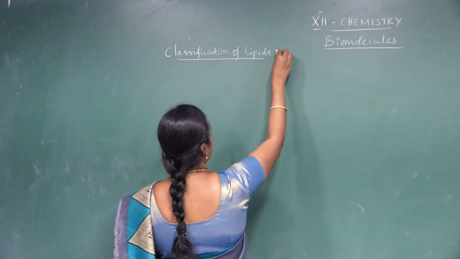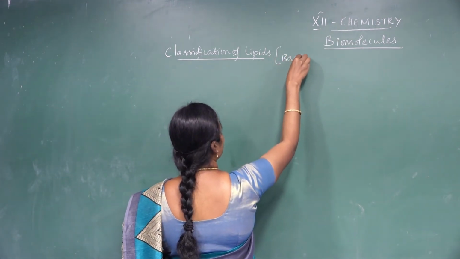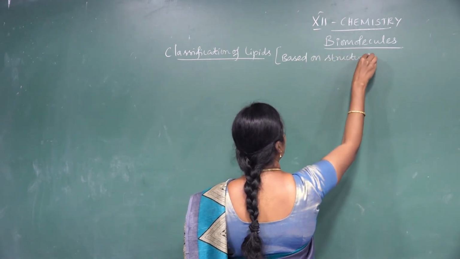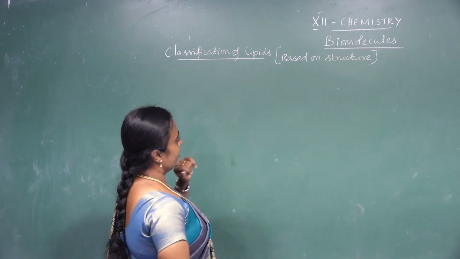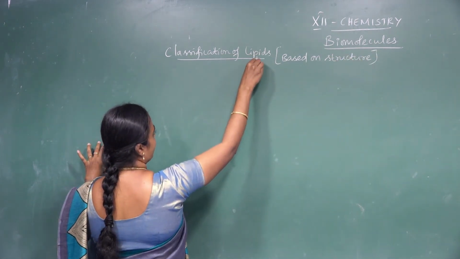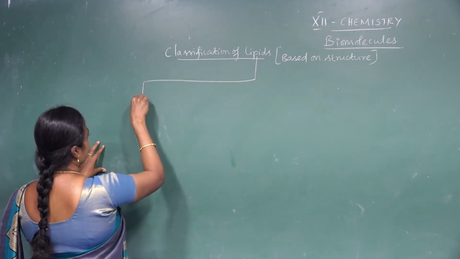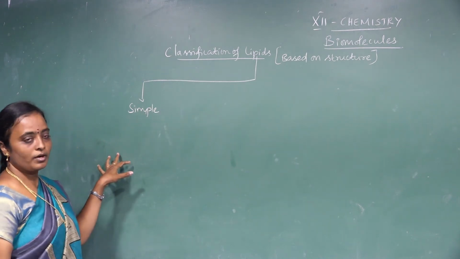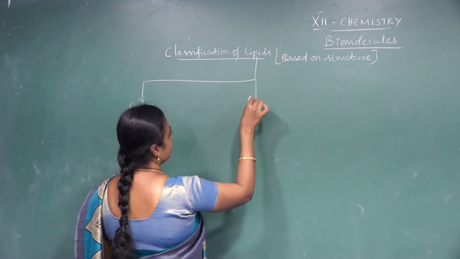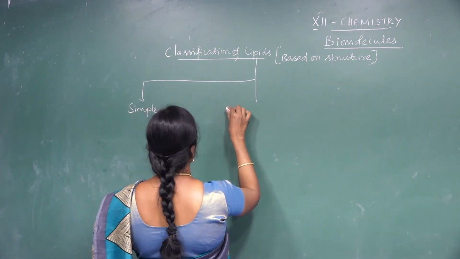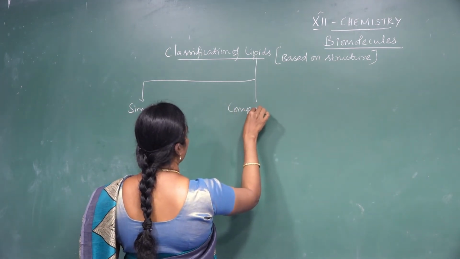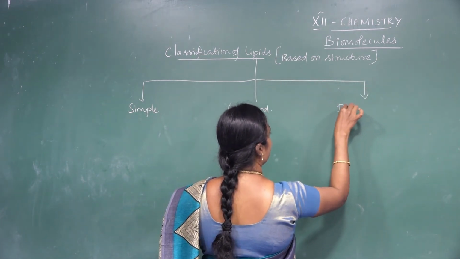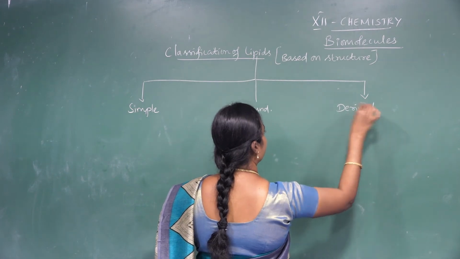Usually lipids have three types of classification: simple lipids, compound lipids, and derived lipids.